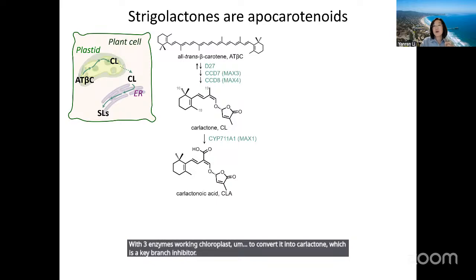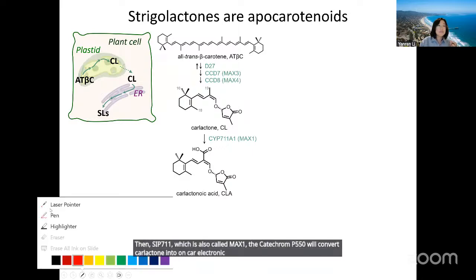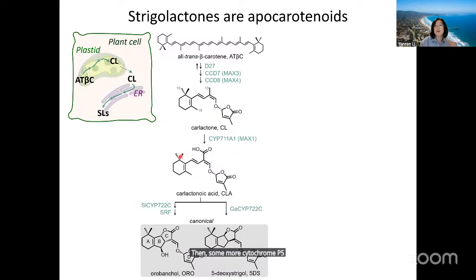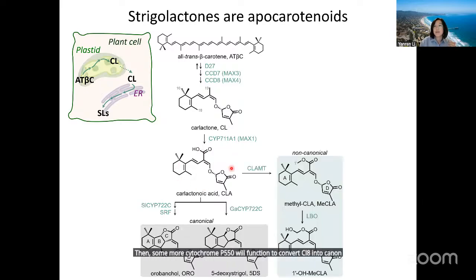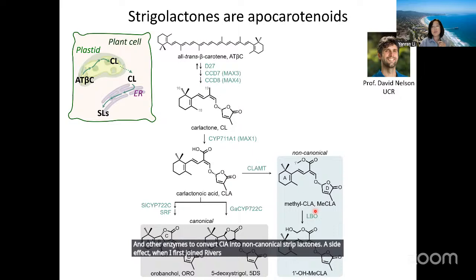Then CYP711, also called MAX1, a cytochrome P450, converts carlactone into carlactonic acid, oxidizing carbon-19 to a carboxyl group. Then more cytochrome P450s convert CLA into canonical strigolactones, and other enzymes convert CLA into non-canonical strigolactones.